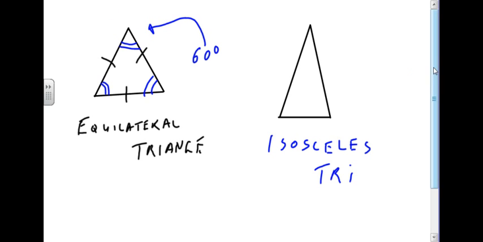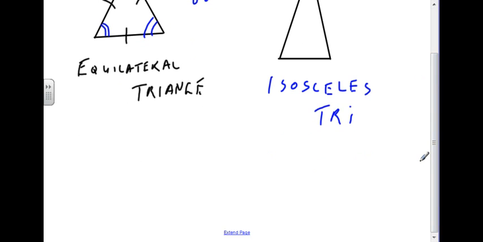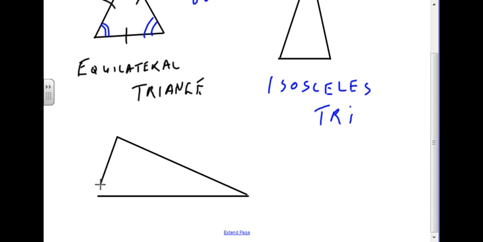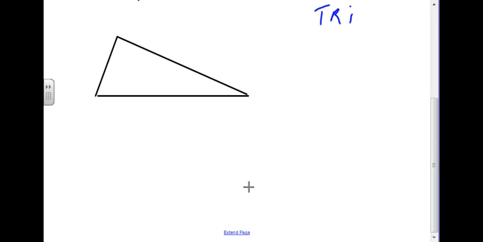And then what's the difference between a scalene triangle and an acute triangle? I have no idea. Okay, so we have scalene triangles, and I don't think scalene was the name of anybody. And then we have acute, pretty ones.